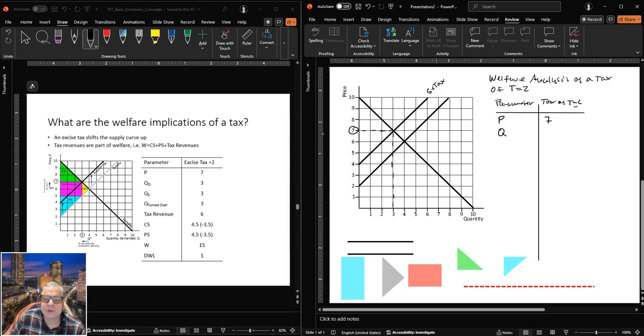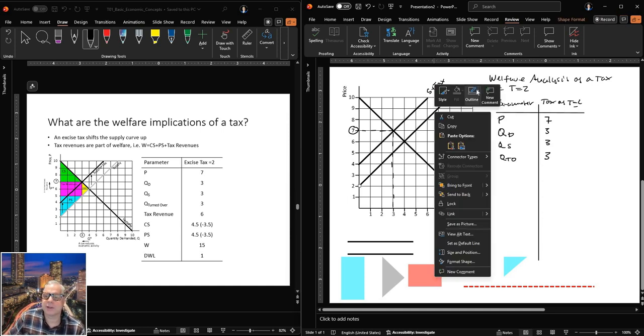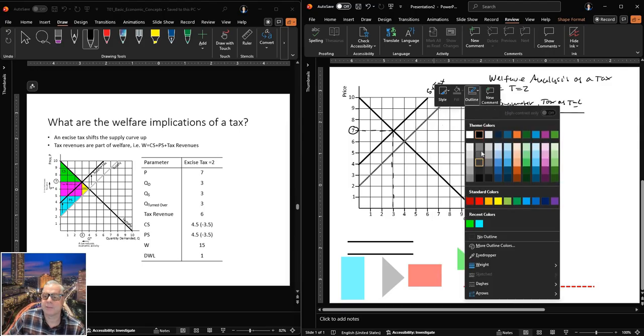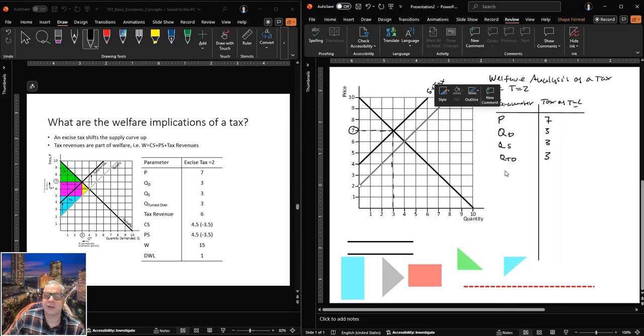And that is quantity demanded, but also quantity supplied. So we can say quantity demanded is 3, quantity supplied is 3, and the quantity turned over is 3. Okay, and I'll just gray out that other so that we can see that the relevant supply is the black one.